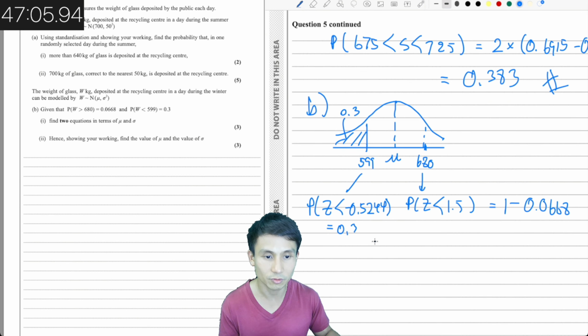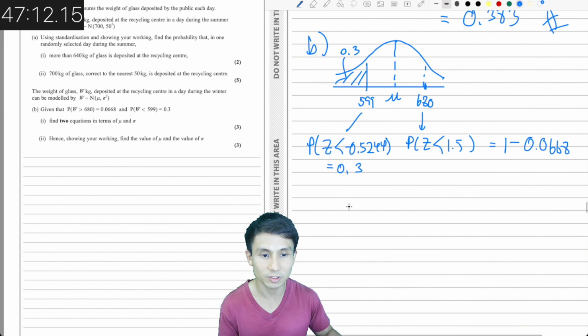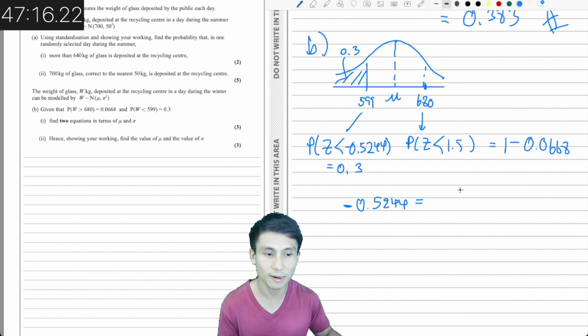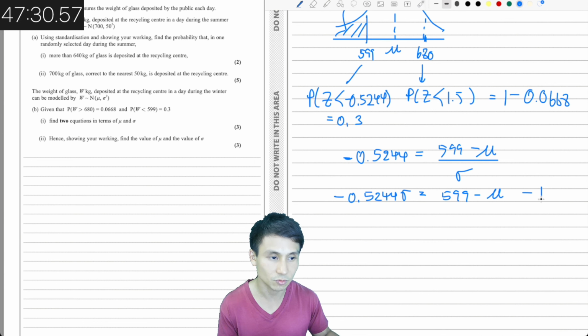equals 0.3. All right. That means we have two equations now. The first one, minus 0.5244 equals x, 599, minus the mean divided by the sigma. So I'm just going to make it a linear equation here: 599 minus mu, equation 1.